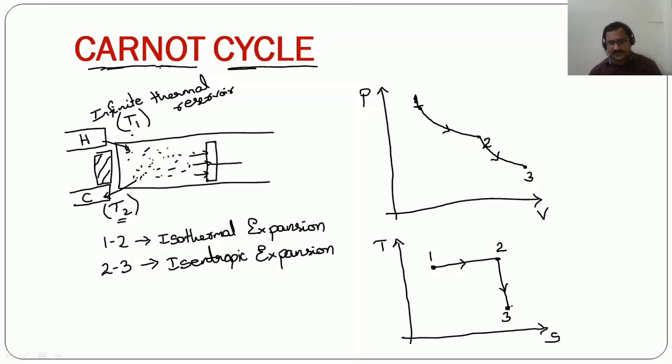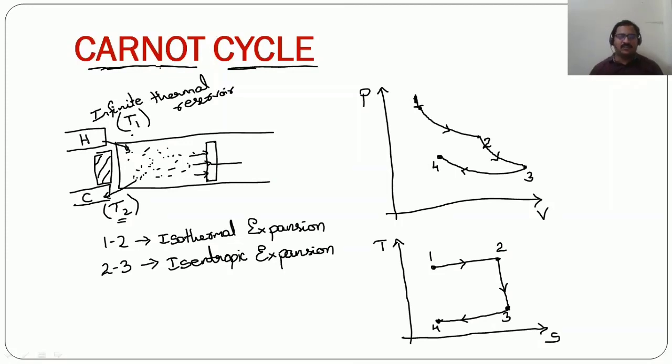So that means heat rejection isothermally happens like this from 3 to 4, and that is represented in the TS diagram by a horizontal line. Whereas in the PV diagram, heat rejection from 3 to 4 is taken like this.